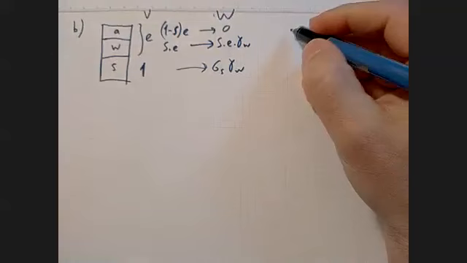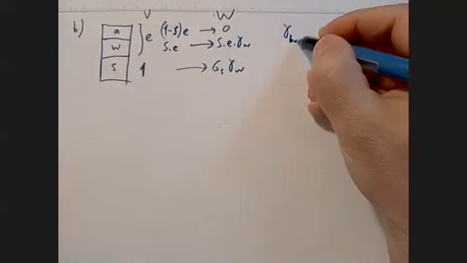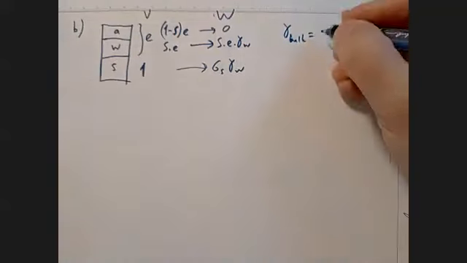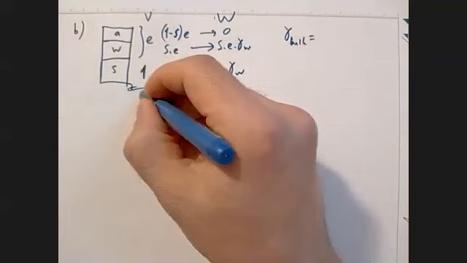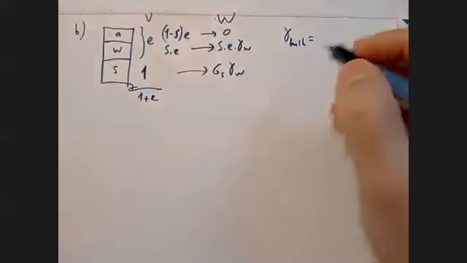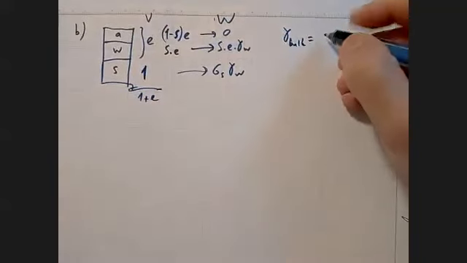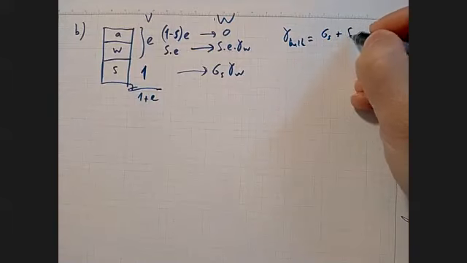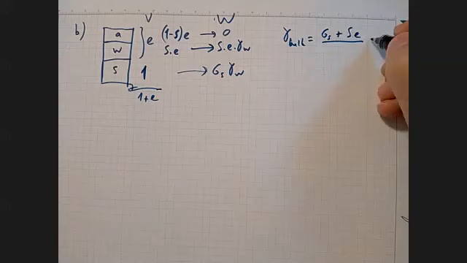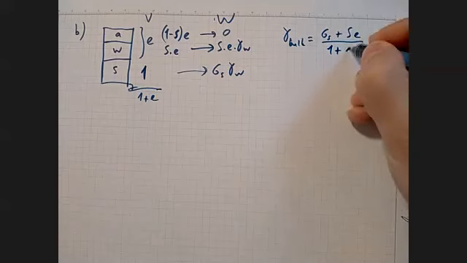So then my bulk unit weight would be simply, my total volume is still 1 plus E. So my bulk unit weight is going to be (G_S plus S E) over (1 plus E) times gamma_W.